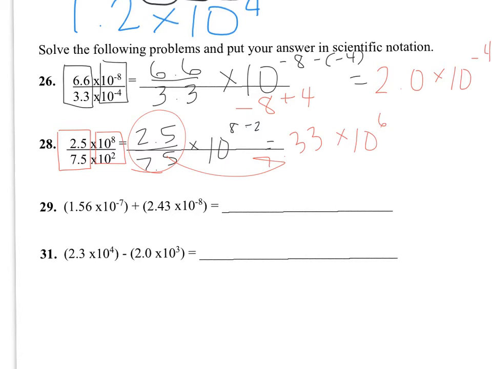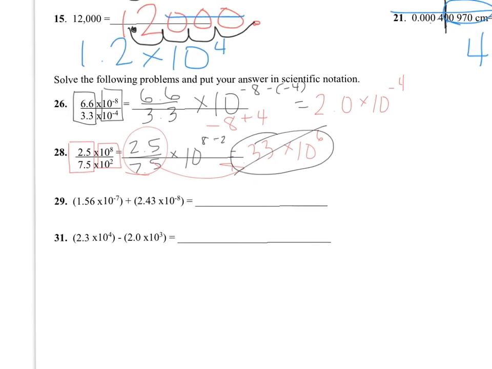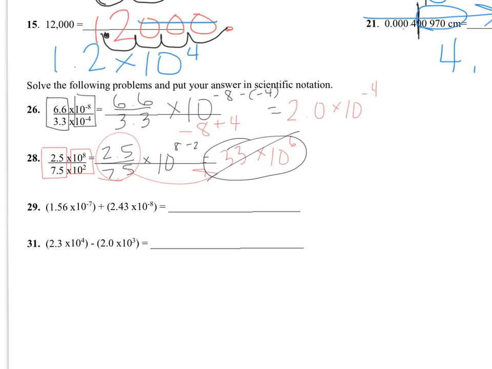But you can't leave it that way, because this is not in scientific notation. You have to fix it. You have to take your decimal point from here and move it over to the right by 1 space. So that gives you 3.3 times 10 to the, and we've moved our decimal point to the right, which means that our exponent goes down, so it's 10 to the 5th.